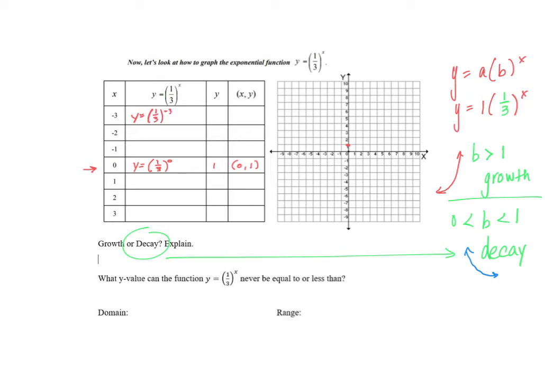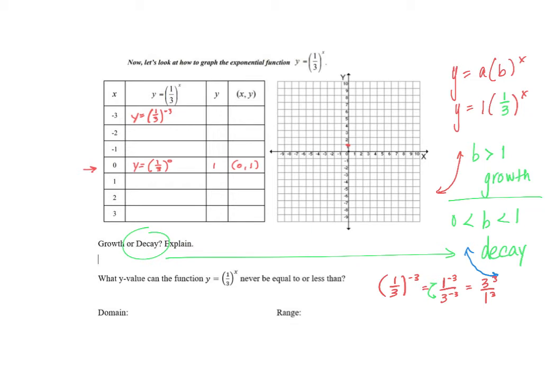Now, that's a little confusing there. If we think about it, if you have 1/3 and I'm raising it to the negative third, really what that's doing is saying that I have 1 to the negative third and 3 to the negative third. In order to make those exponents positive, I'm going to move that base 1 to the denominator, and I'm going to move the base 3 to the numerator. So really what you're doing again is interchanging these two bases.